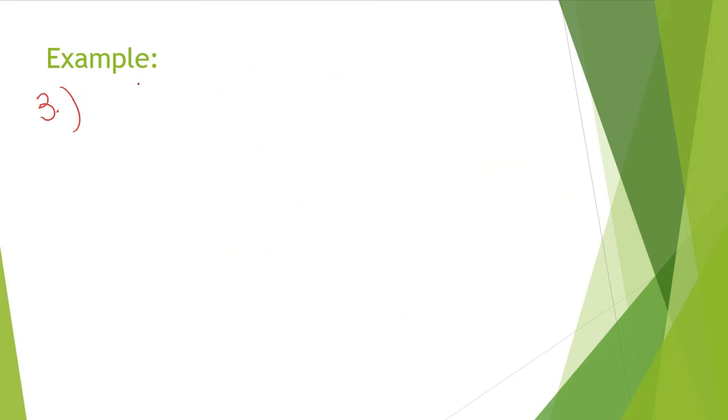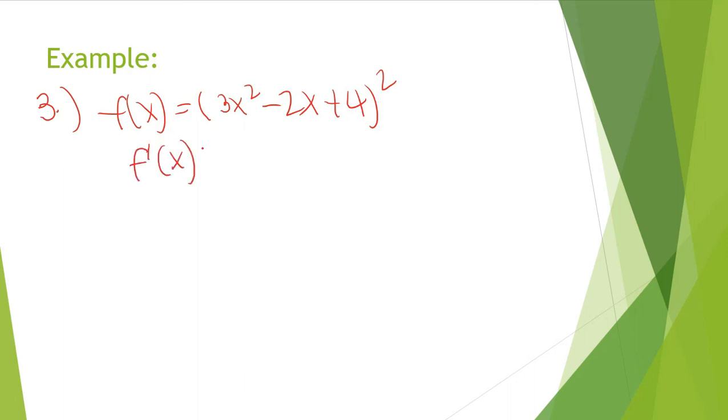For our last example na makikita sa ating module, we apply chain rule to f of x equals to 3x squared minus 2x plus 4 raised to 2. So, we have a nested function, itong nasa loob. And then, we have the first function that is raised to 2. Okay, we get the derivative. The derivative of the first function is you bring down 2, then copy the nested function.